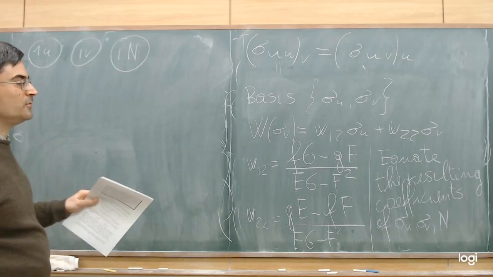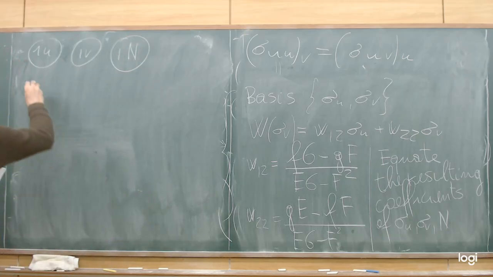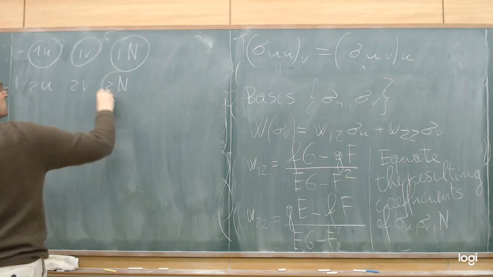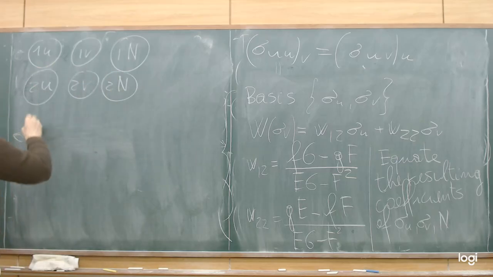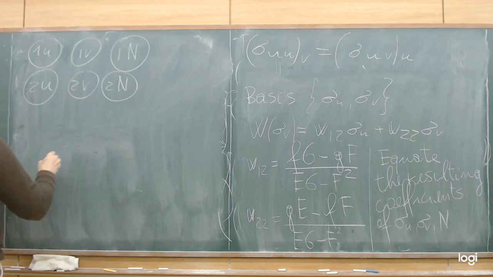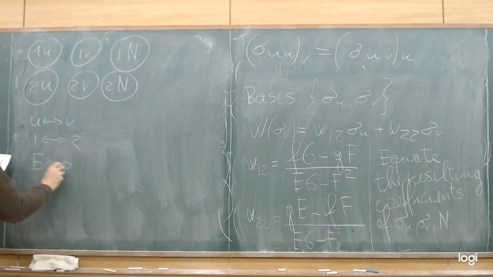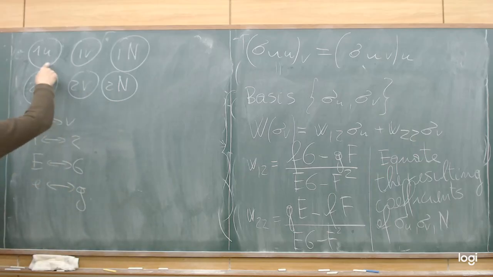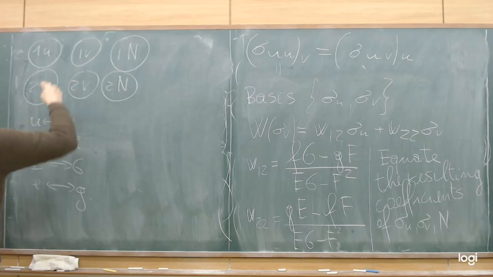As I told you before, if you want to prove 2u, 2v, 2n, just make the following changes, and you will get these three equations from the first three.